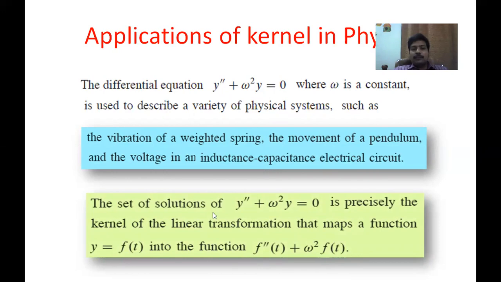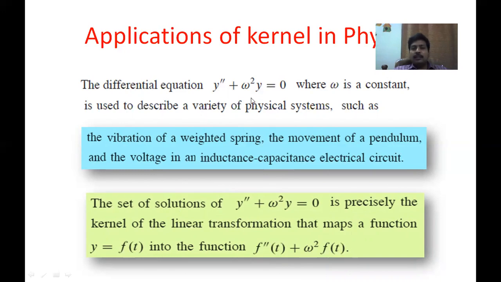So the set of solutions of this differential equation y double dash plus omega square y is equal to 0 is precisely the kernel of the linear transformation that maps a function y is equal to f of t into the function f double dash t plus omega square f of t.